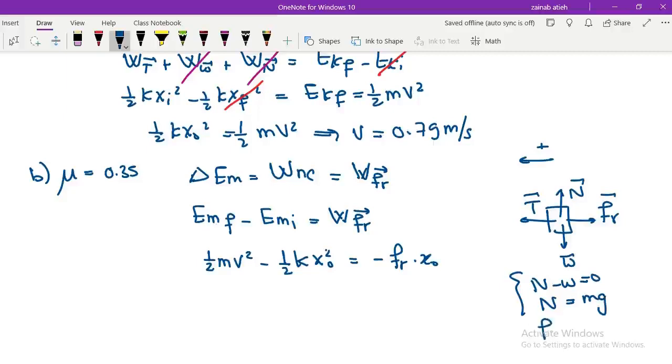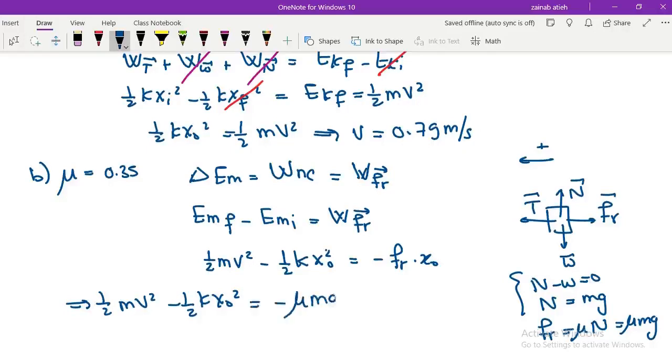Remember that Fr equals mu n, so Fr equals mu mg. This is how I relate Fr to mg, because he gave me mu. So let me write, this implies half mv squared minus half kx0 squared equals minus mu mg x0.